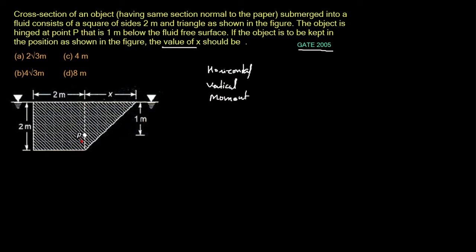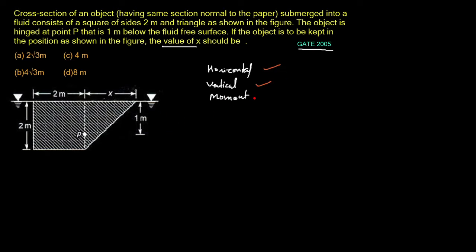Since we are having a hinge here at point P, this hinge would be restraining any horizontal and vertical movements of this body. That means just keeping this hinge here, both horizontal and vertical equilibriums are satisfied. Now we just want to consider the moment equilibrium of the body. That means the net moment taken about point P should be 0.